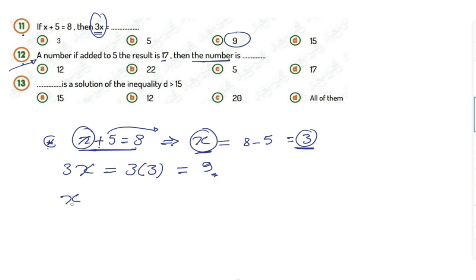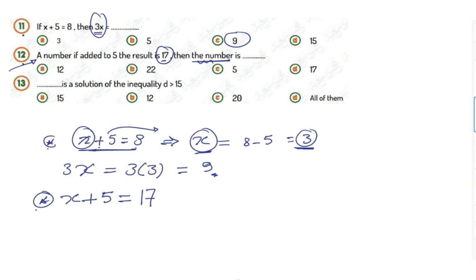You have a number like x added to 5, that means plus 5. The result equals 17. So I turn this question into an equation: x plus 5 equals 17.